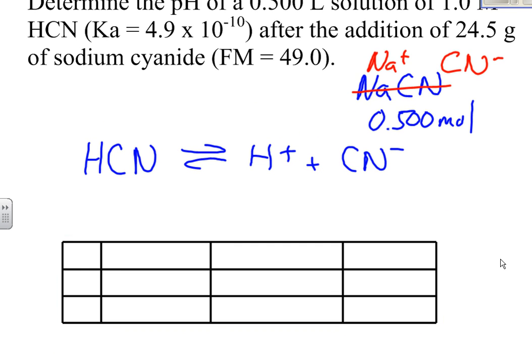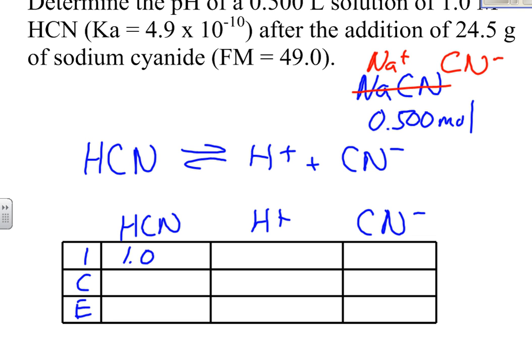So here we have our chart, and we've got our initial, our change, our equilibrium: HCN, H plus, CN minus. Our HCN concentration, according to the problem, was 1.0 molar.